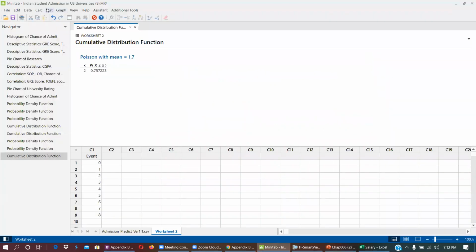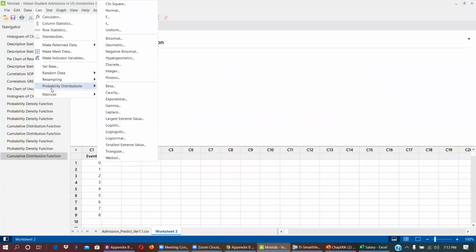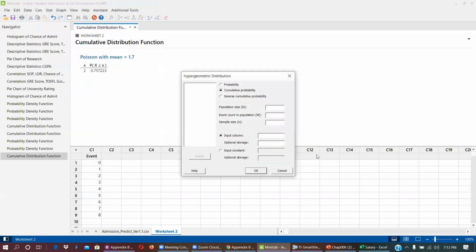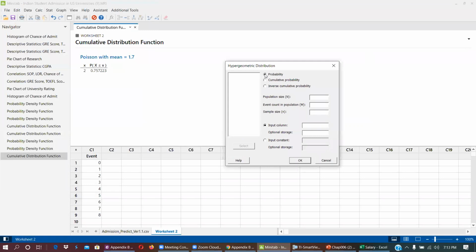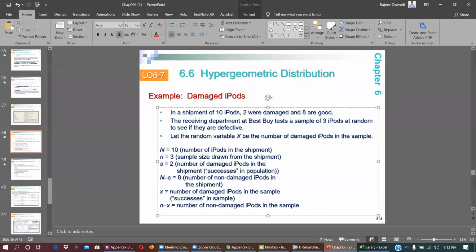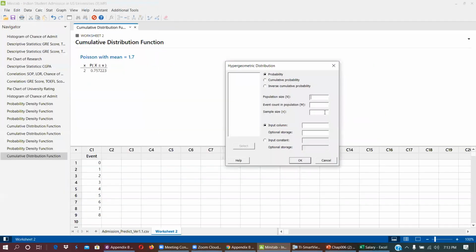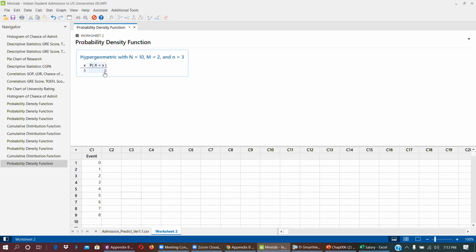In Minitab, I go to Calc, Probability Distributions. We have hypergeometric. Where is hypergeometric? Hypergeometric is right here. What is the population number? 10 iPods. What is the sample size? It is 3. Event count in population, 2 are damaged. Now we would like to see the probability for any number of damaged ones, up to all 3.